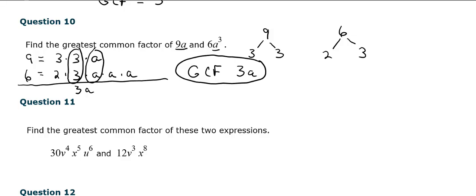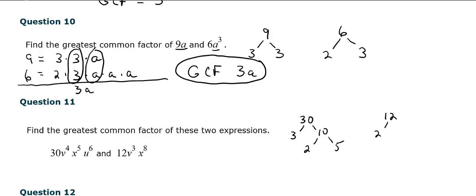Find the greatest common factor of these two expressions. 30 v to the fourth x to the fifth u to the sixth, and 12 v to the third x to the eighth. So again, we're going to start by breaking our coefficients down into prime factorization. So 30 I can start with 3 times 10, and then 10 can be broken down further into 2 times 5.